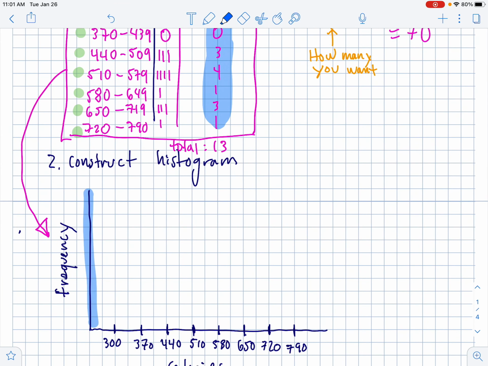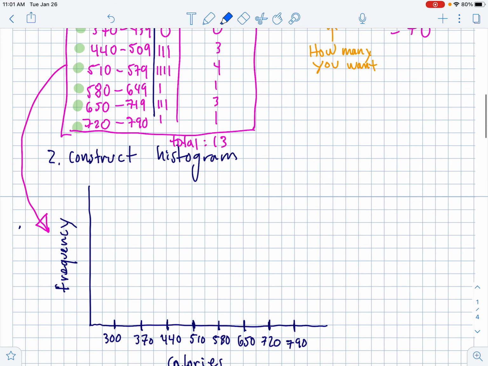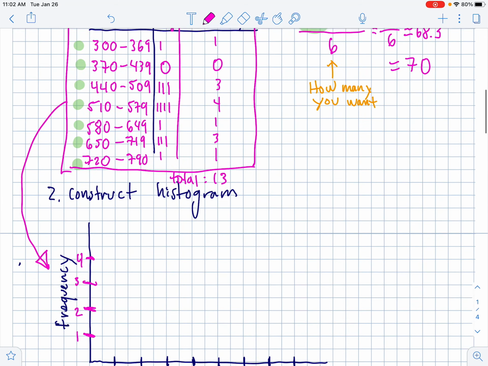Because I wouldn't just take this side and go up to like 20 or something like that. Because look, the numbers don't get very big. They only really get up to 4 is the biggest one. So I think here we can go like 1, 2, 3, 4, because nothing is above 4.